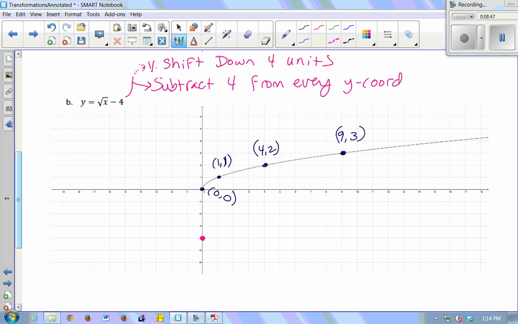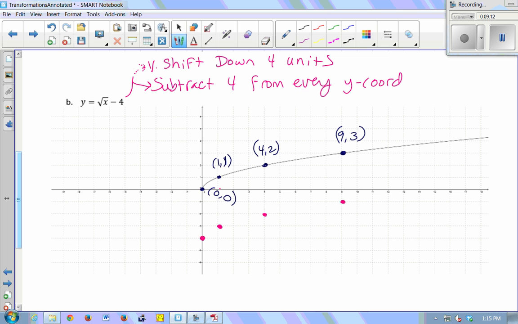And then I'm just going to subtract 4 from every y coordinate. So for 1, 1, when I take 4 away from the y coordinate, I get 1, negative 3. So I can go down 4, 1, 2, 3, 4, and I land at 1, negative 3. And 4, 2 is going to become 4, negative 2. And 9, 3 would become 9, negative 1.